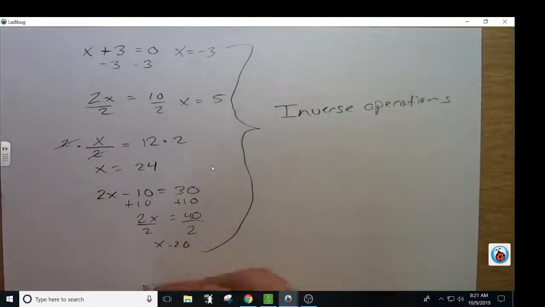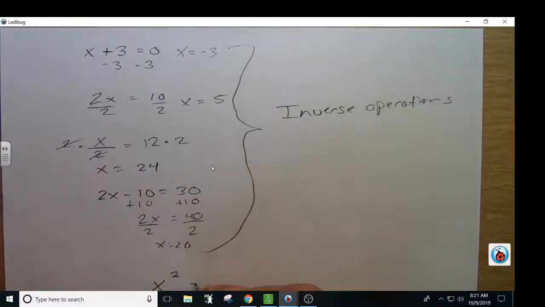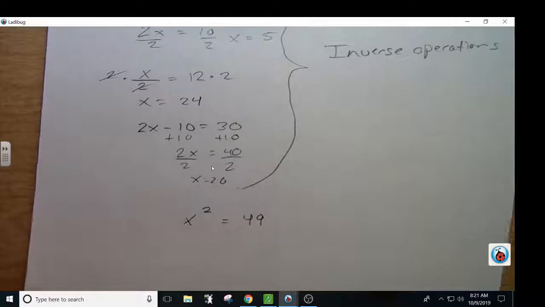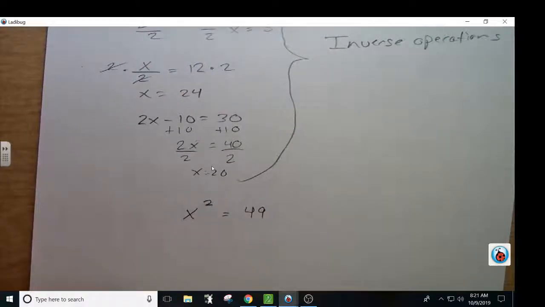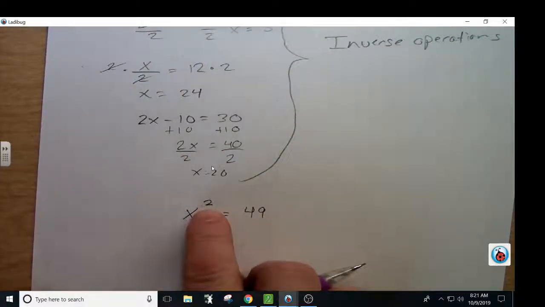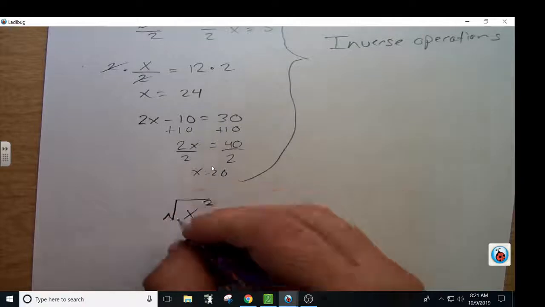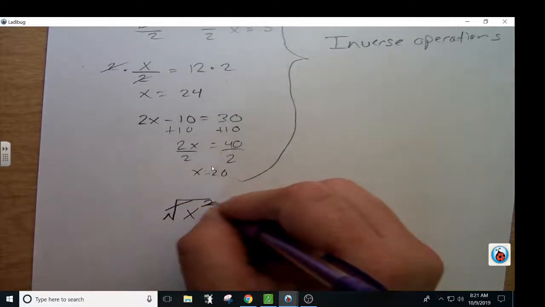Now, say you have this. How do I get x by itself? You square root it. If something's being squared, you always take the square root, okay? And what that does is, guys, that cancels out.